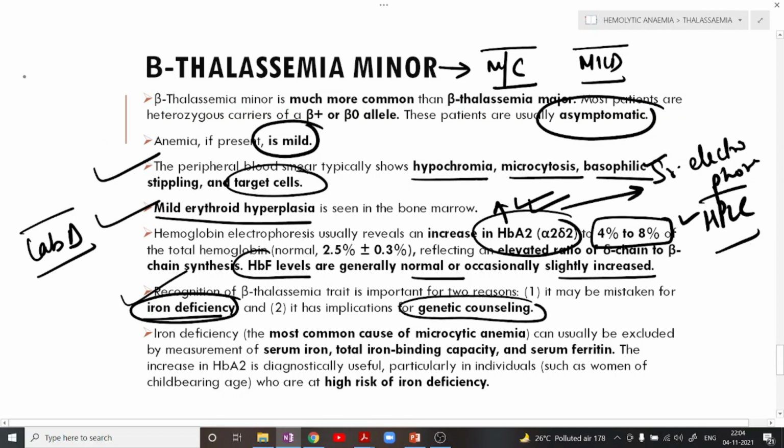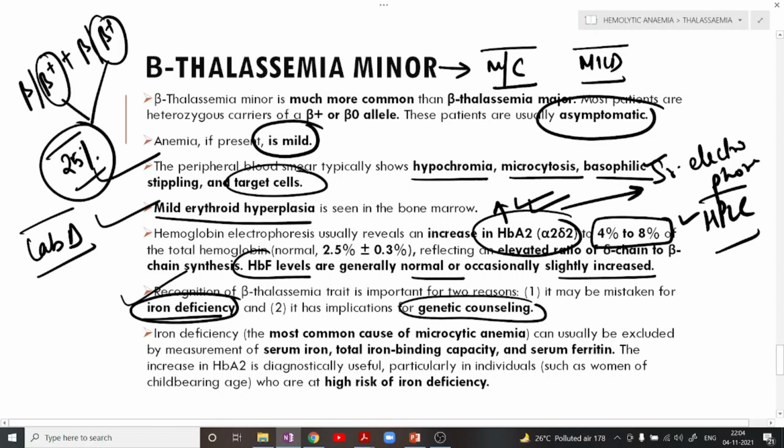For example, suppose one boy and one girl are getting married, and the boy is a carrier and the girl is also a carrier of thalassemia. With this, there is a 25% chance that the child born will be beta thalassemia major. So candidates who are carriers of beta thalassemia, or beta thalassemia trait individuals, are subjects for genetic counseling.